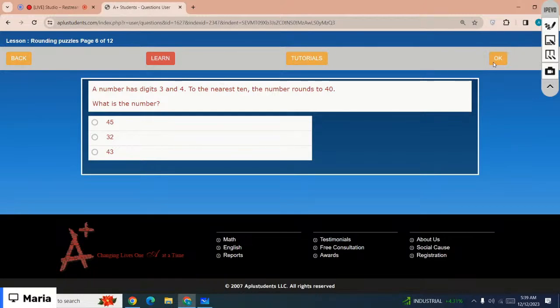Yes, it is rounded off. The number is 43. That is rounded off to 40, right?